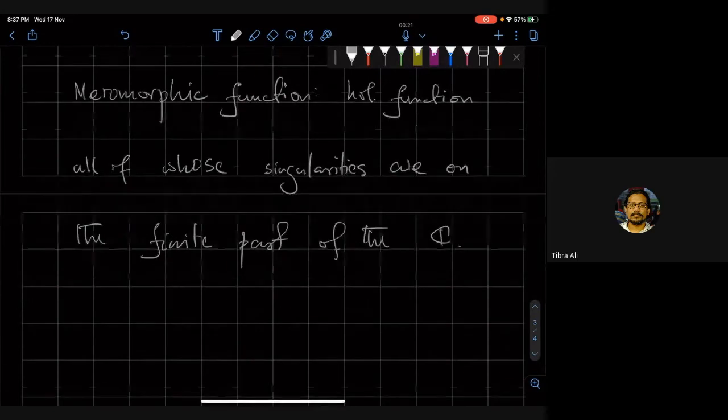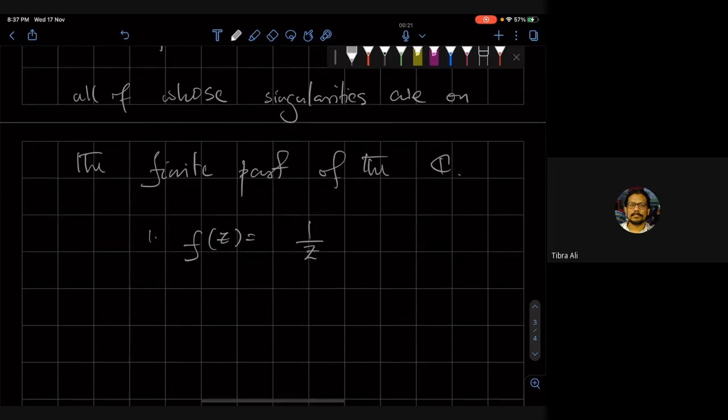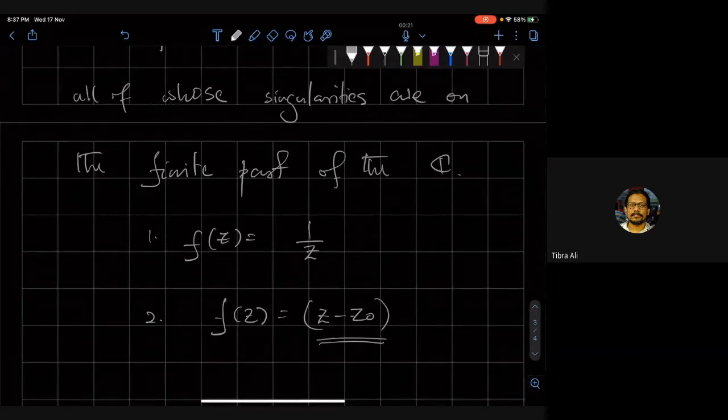So for example, f of z equals 1 over z is a meromorphic function, whereas f of z equals z minus z naught is not a meromorphic function, because you can show that this has a singularity at infinity. Okay, so these are technical, just very minor stuff.